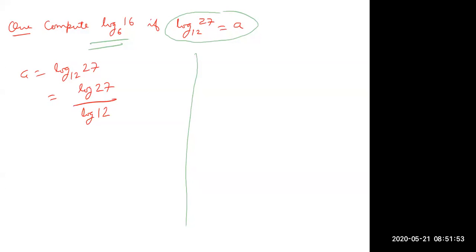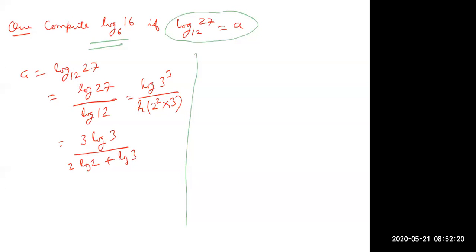Base can be anything. So this is equal to log 3 cube upon log of 2 into 2 into 3. So this is 3 log 3 upon 2 log 2 plus log 3.